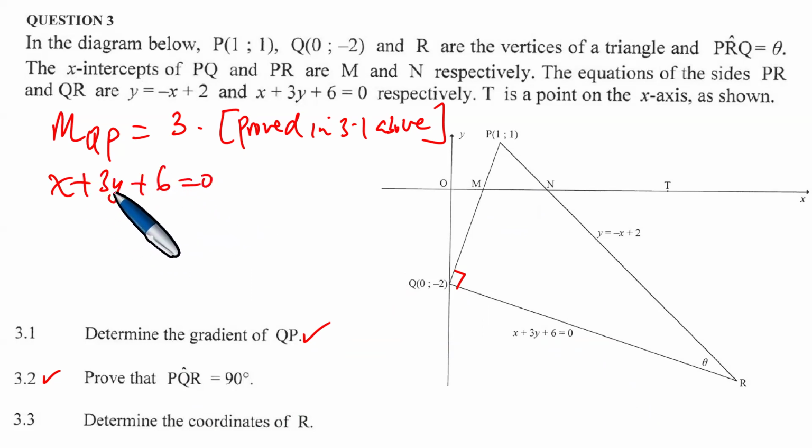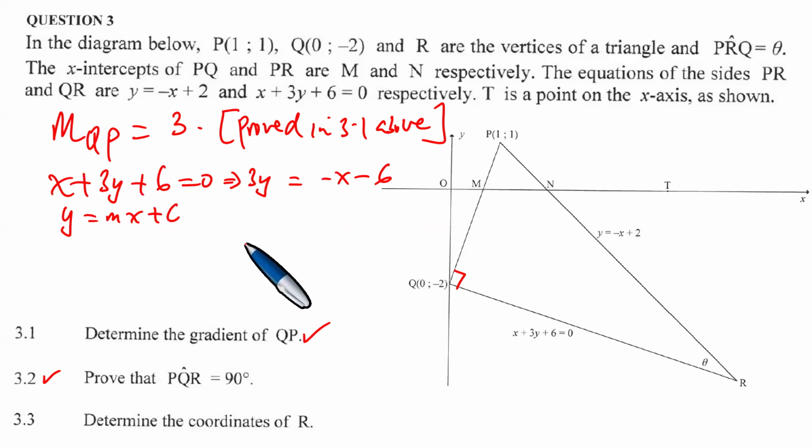You need to make y the subject of this equation. It must be written in the form y equals mx plus c. Let us solve for y: 3y is minus x minus 6, so that y is minus 1/3 x minus 2.